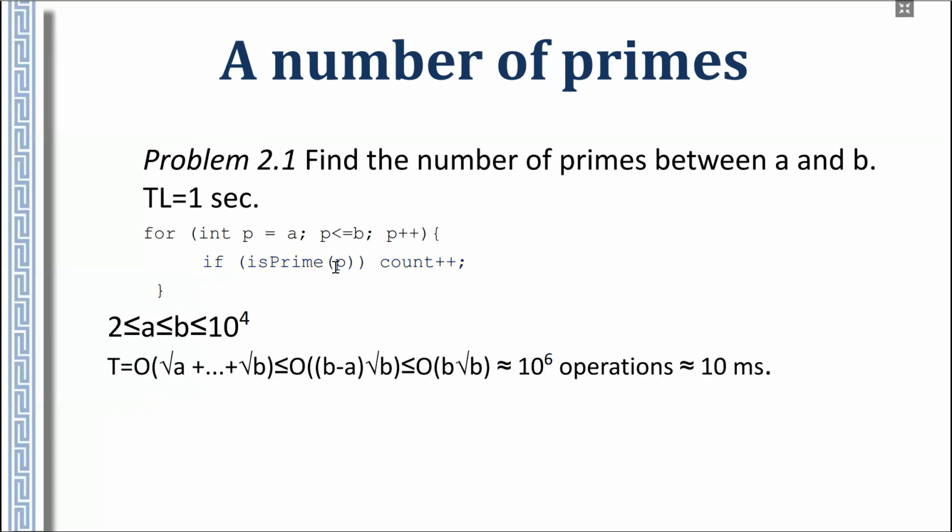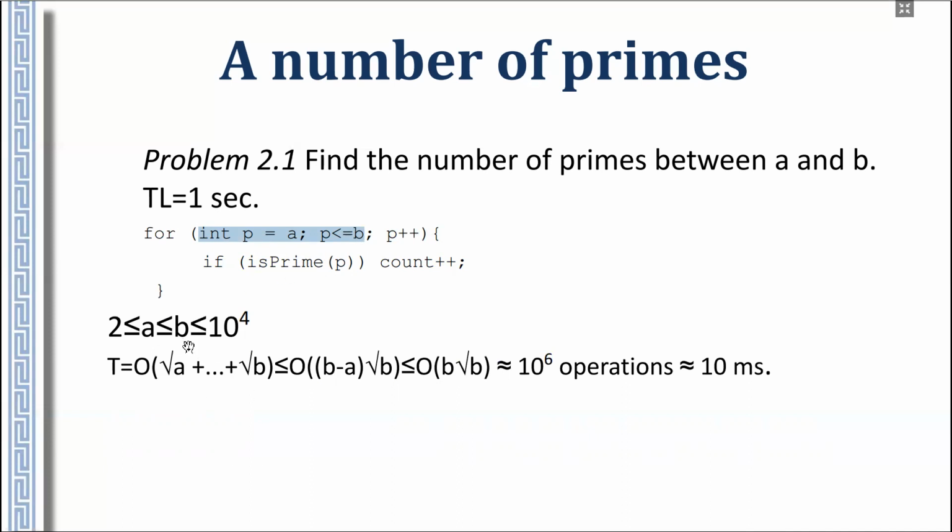But what about time complexity? So we know that this function is_prime works with time complexity square root of P. And in the case of running this function with P from A to B, we have this complexity.